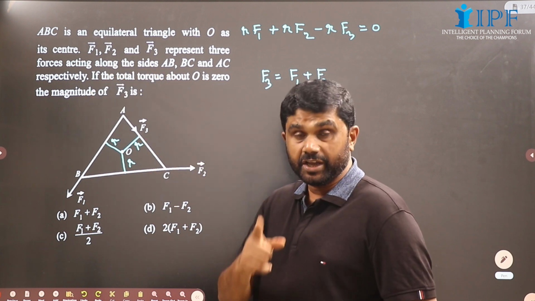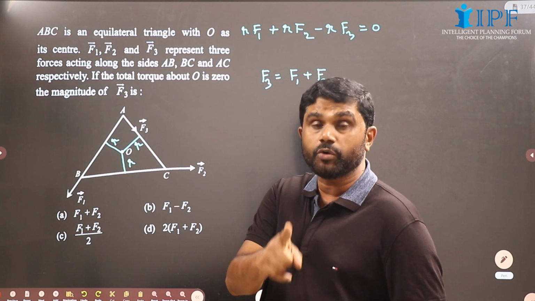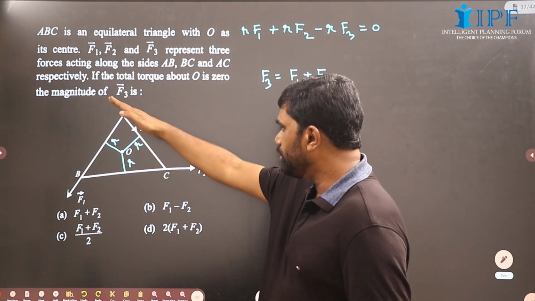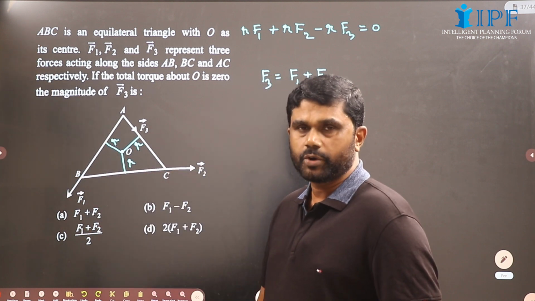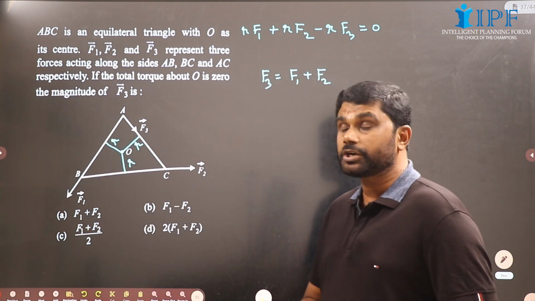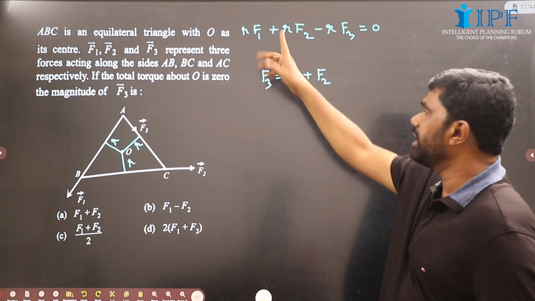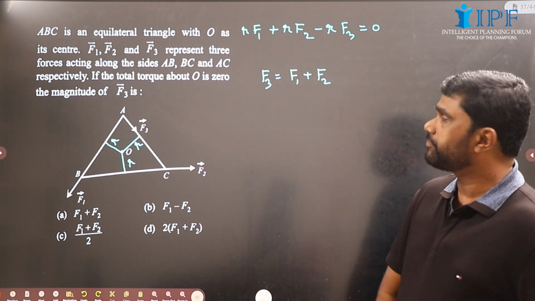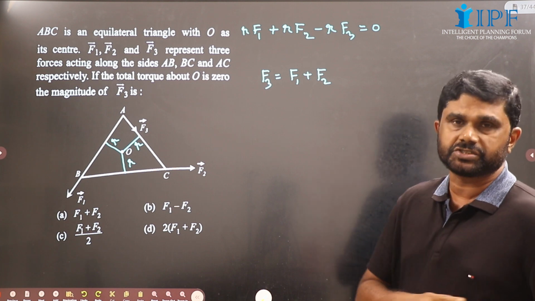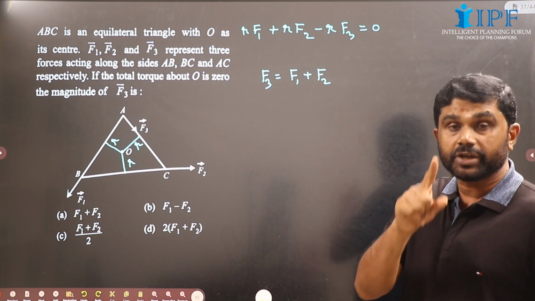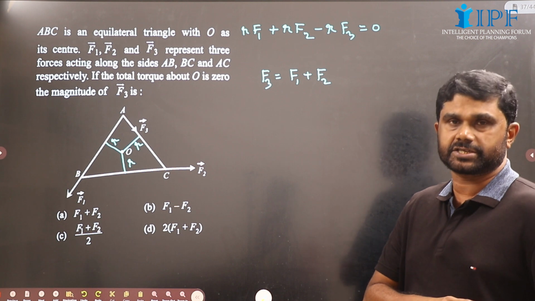So the turning effect due to F1 and F2 are along the same direction, but F3 provides a clockwise turning effect. So the torque due to F1, that is R F1, and torque due to F2, that is R F2, both are in counterclockwise direction, while the torque due to F3 is in clockwise direction.